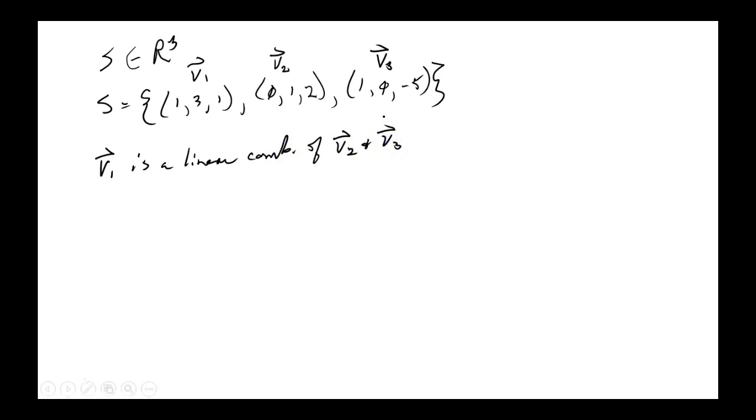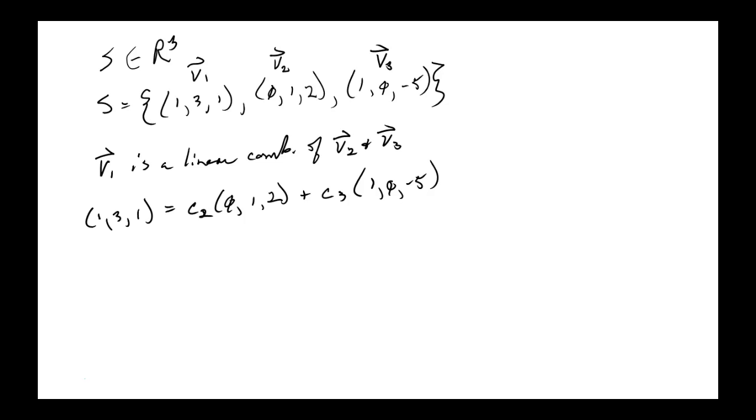If that's the case, then (1, 3, 1) would have to be equal to some C2 times (0, 1, 2) plus some C3 times (1, 0, negative 5). It's not guaranteed to be true, but it will be a linear combination of those two if we can find the C2 and C3 that will make it work.